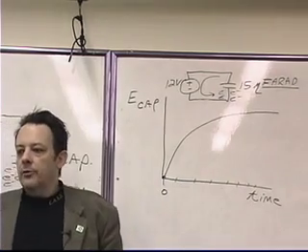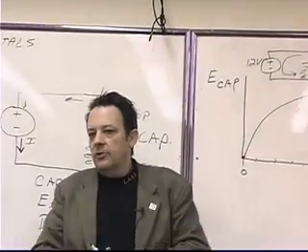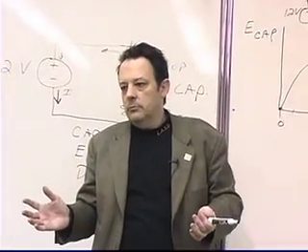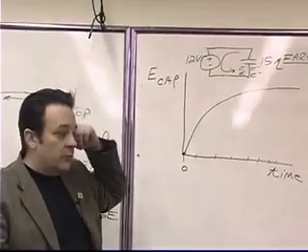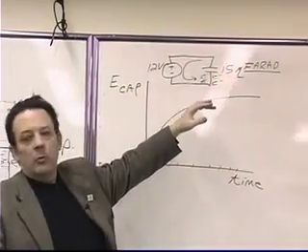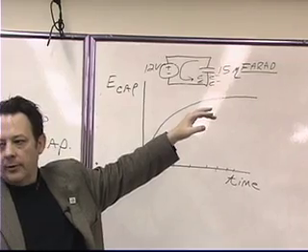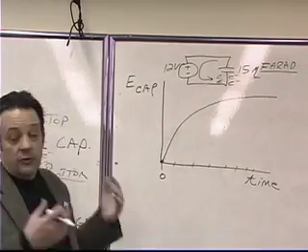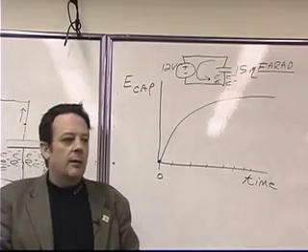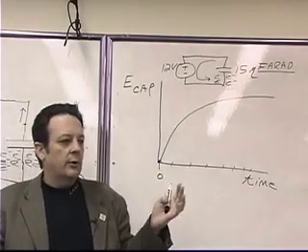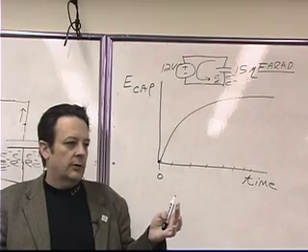So Kirchhoff's voltage law is analyzed using very simple algebra. Okay? When we have a situation like this, where we have an exponential buildup of voltage on the capacitor, we can still use Kirchhoff's voltage law. It just turns out that we end up with this thing called a differential equation.